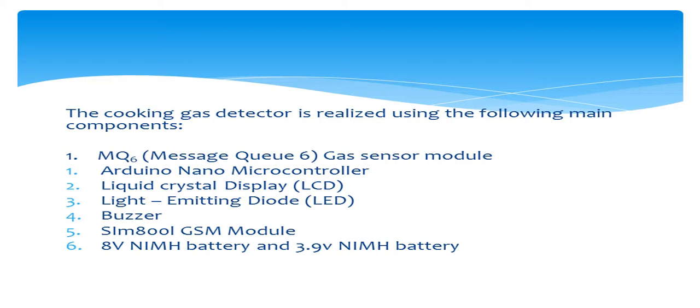For the Arduino microcontroller to perform these functions, it has to be programmed using the Arduino programming language. Then you have the liquid crystal display, LCD, which displays the concentration in parts per million when the device is in operation.